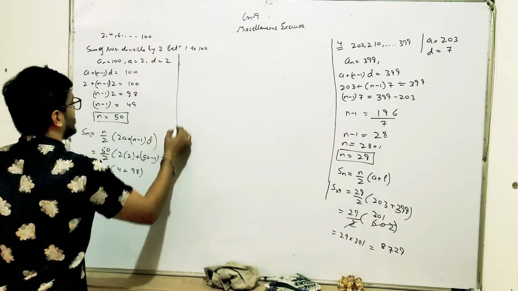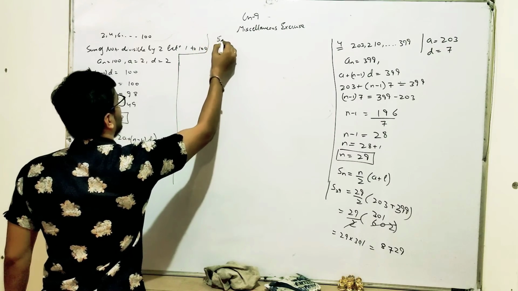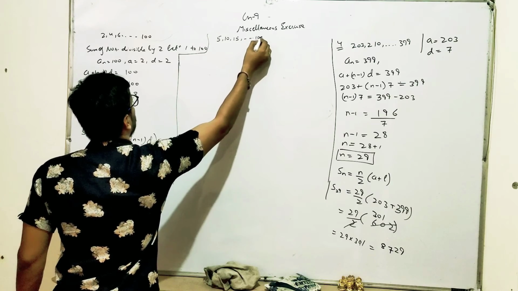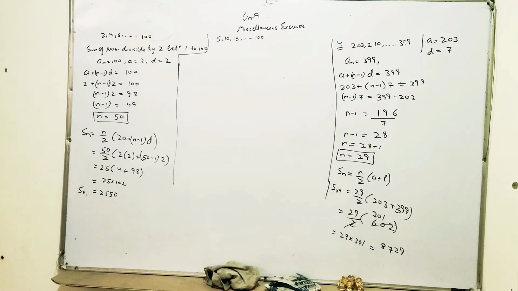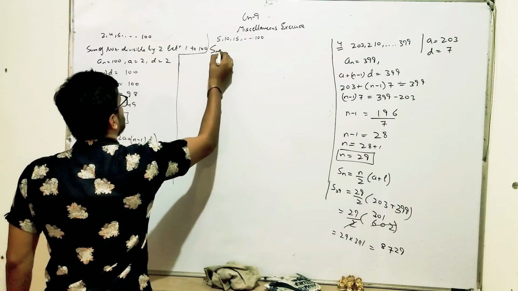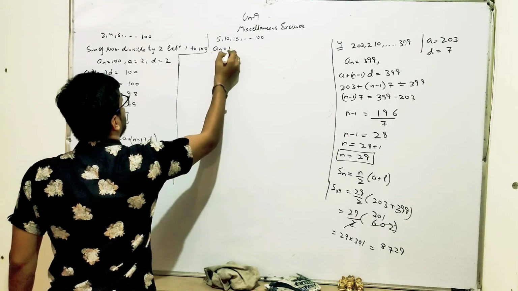Now the sum of numbers which are divisible by 5. So 5, 10, 15 up to 100, right? So from 1 to 100 we have to find out. So An is equal to 100.